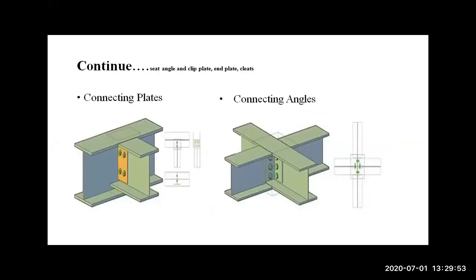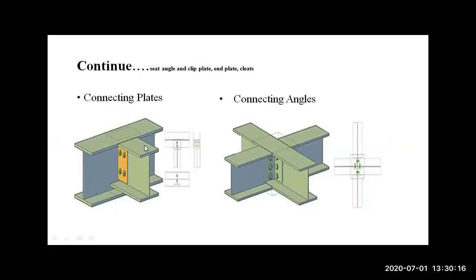Okay, now again you can see here for the connection of two structural elements, we can use the plate and angle also. If you see the first figure, the connecting plates are there. If you see the second sketch here, connecting angles are there.